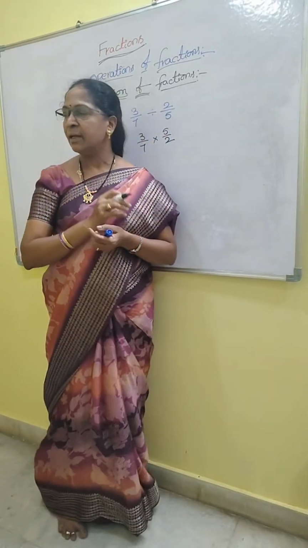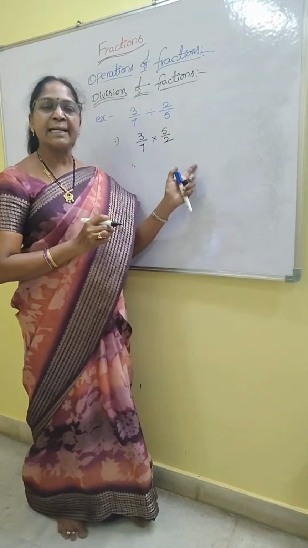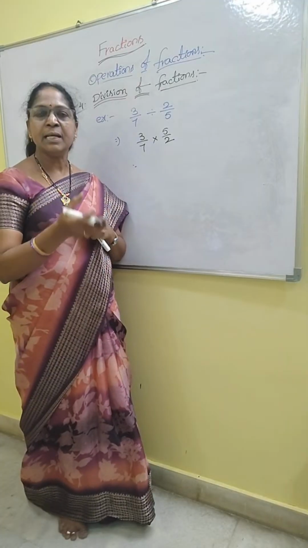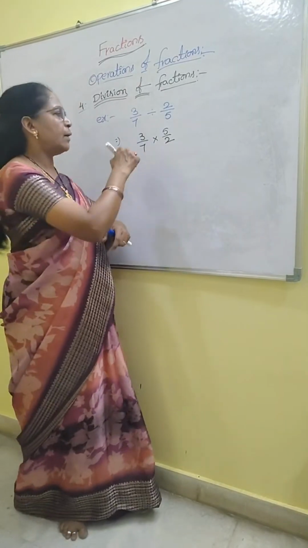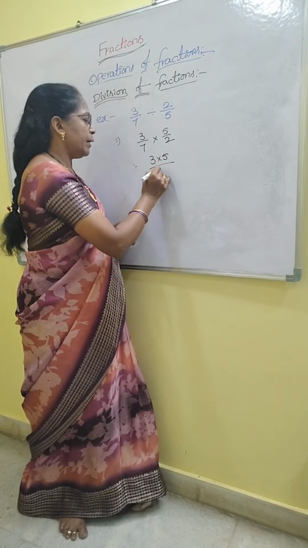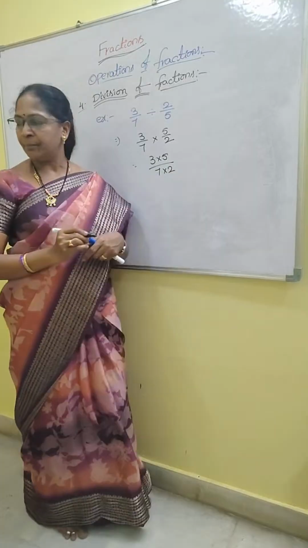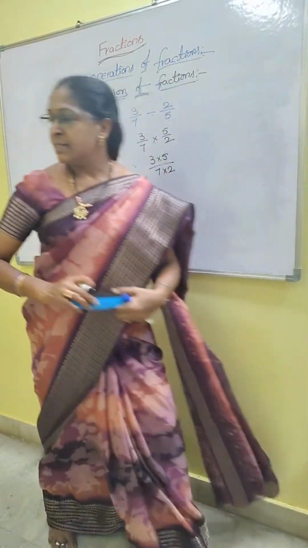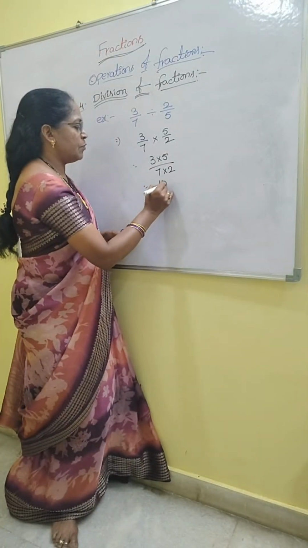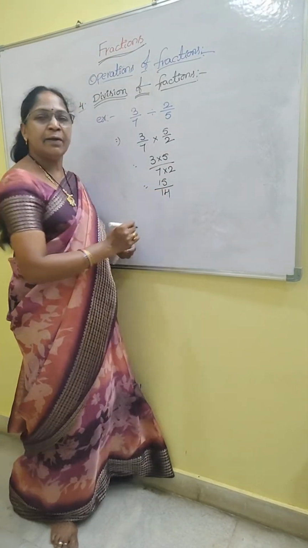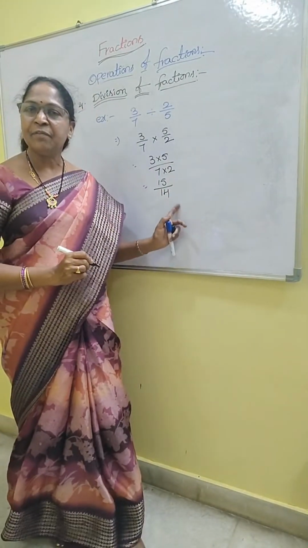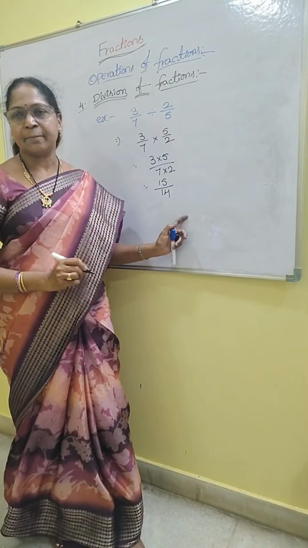If cancellation is not possible, then simply multiply the numerators as well as the denominators. Now 3 into 5 divided by 7 into 2. So 3 into 5 equals 15, divided by 7 into 2 equals 14. That is the answer. 15 by 14 is the answer.